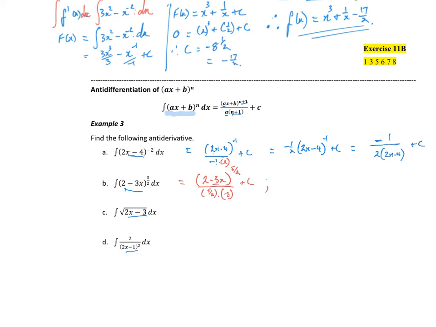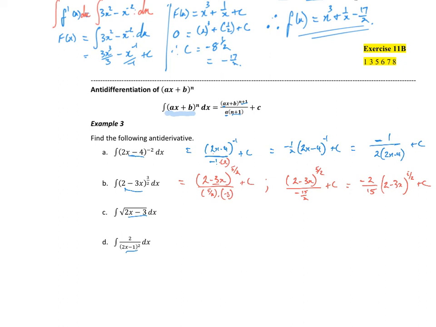I'll get 2 minus 3x to the 5 on 2 over 5 on 2 times negative 3, which is negative 15 on 2. Let's flip it upside down: negative 2 on 15 times 2 minus 3x to the 5 on 2 plus some c. Whether it's like that or you put the 15 in the denominator, it's the same thing.